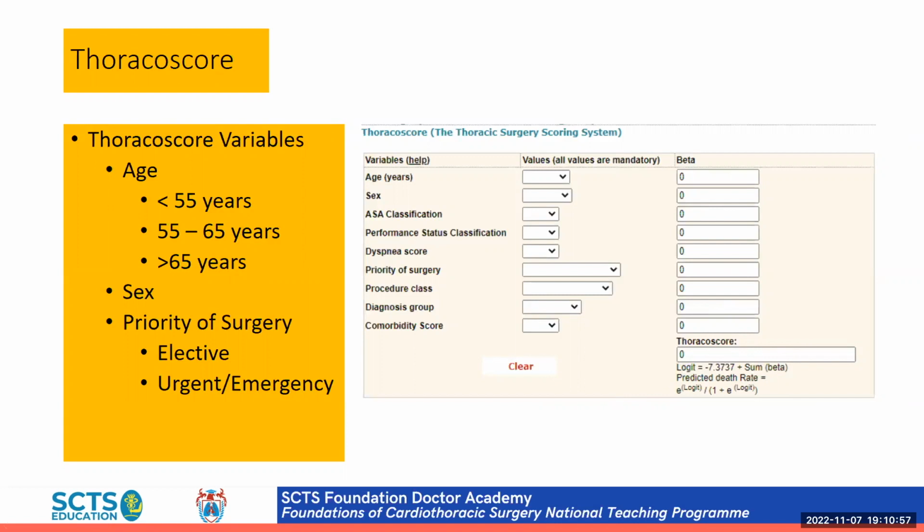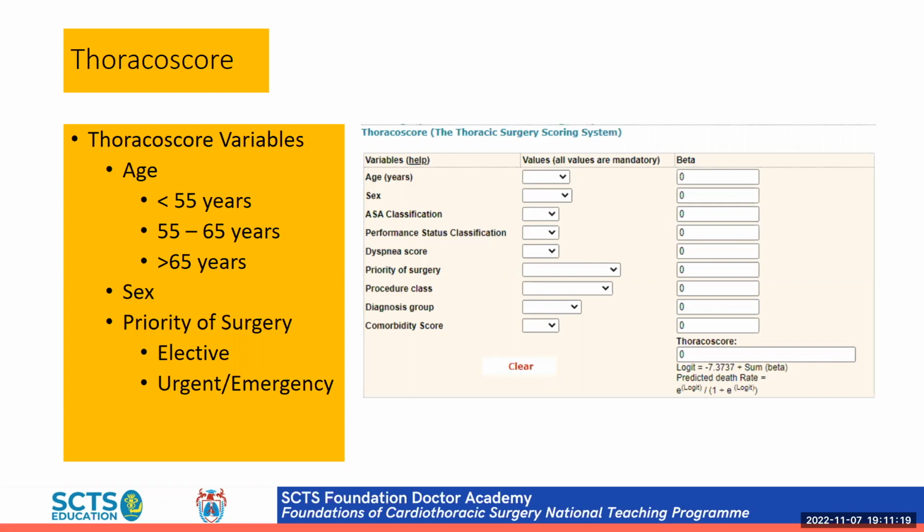On average, if you look at the blue book and what we have in our SCTS database, for patients who are straightforward, who don't have many comorbidities, for a VATS lobectomy we're talking about approximately 1 to 1.5% mortality. For an open lobectomy, it is around 2 to 3%.